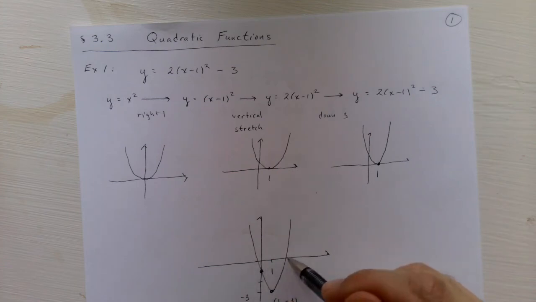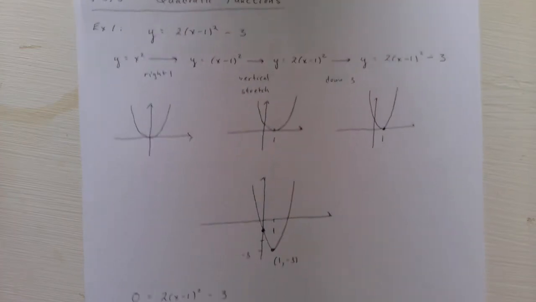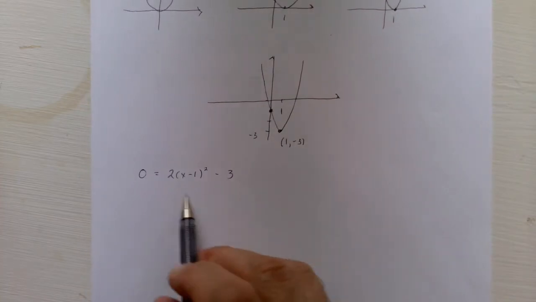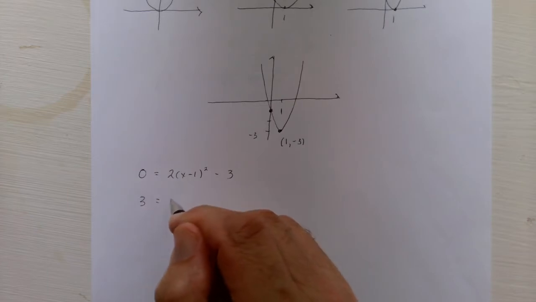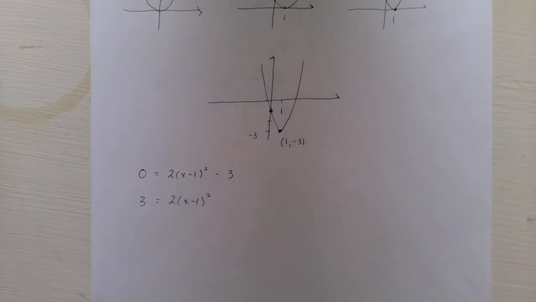We can see that we have 2 x-intercepts. And to find out what these are, it's not too bad. You set y equals 0, and you get 2 times x minus 1 squared minus 3. And we can take the 3 to the other side, and then divide by 2.